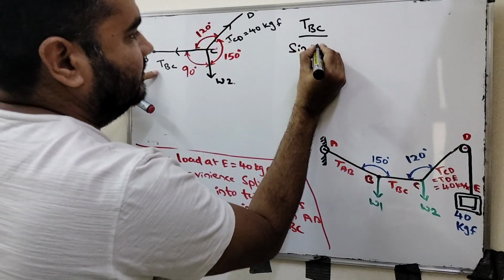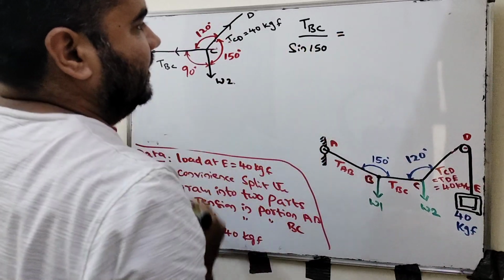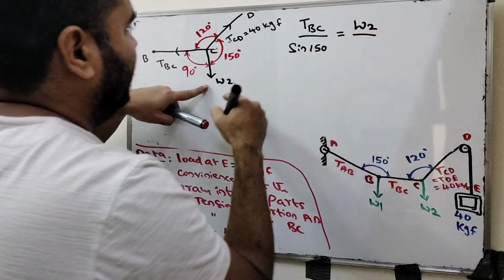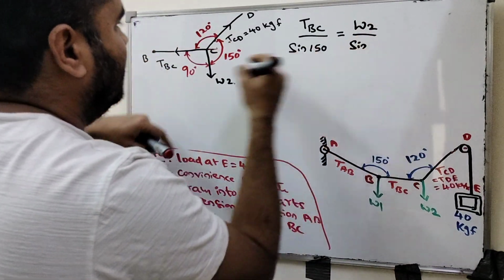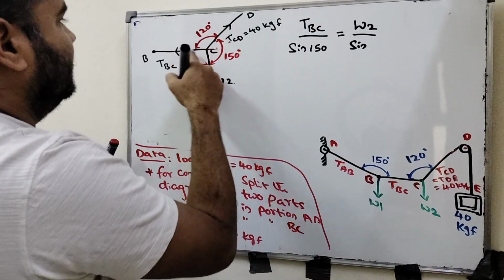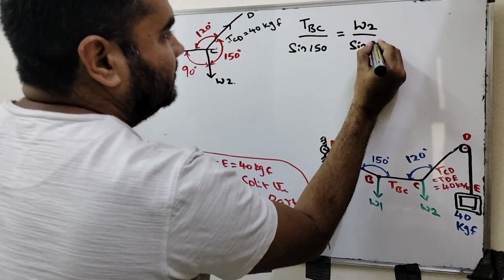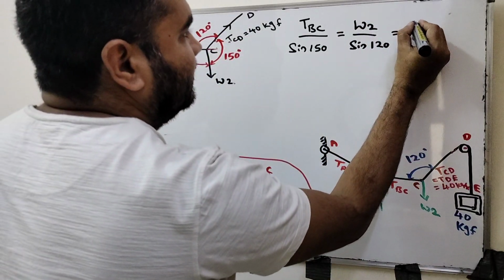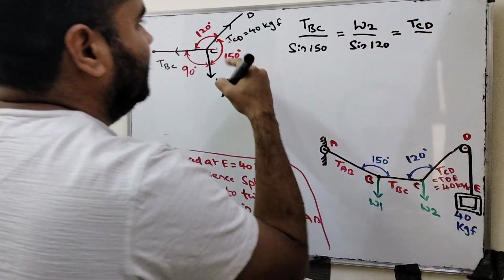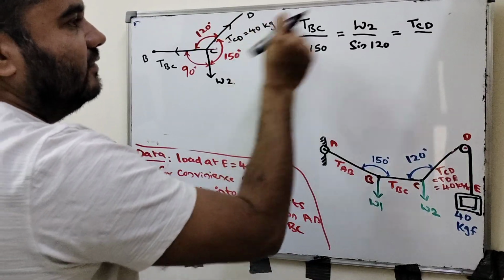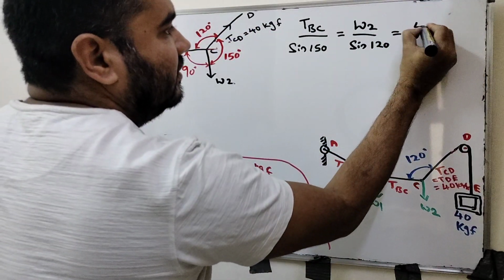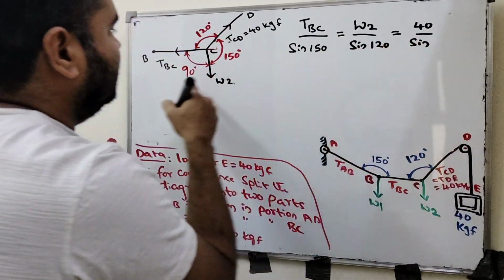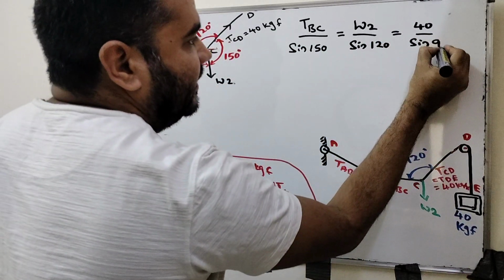Sine of 150, equal to W2 divided by sine of 120, the angle between the other two, equal to the one more force, T of CD. T of CD is already there, so I can substitute 40 directly here. 40 divided by the sine of how much? 90 degrees. Sine of 90 degrees here, right?